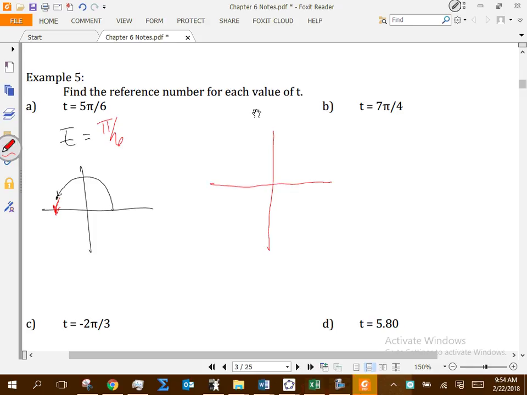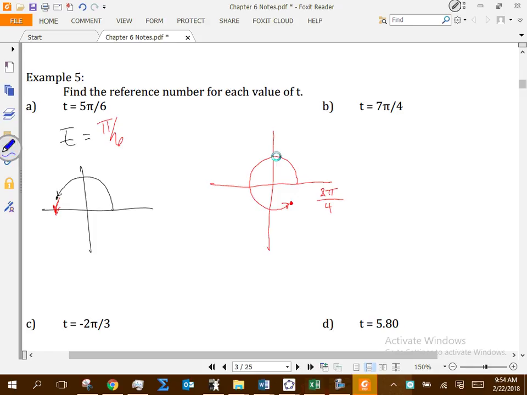It's the same thing that we did with angles, guys. We know all the way around was 2 pi, right? But if everything's in terms of fourths, I'm going to make this 2 pi into 8 pi over 4. Does that make sense? It just makes the addition or subtraction a little bit easier. So 7 pi over 4 is almost to 8 pi over 4, right?